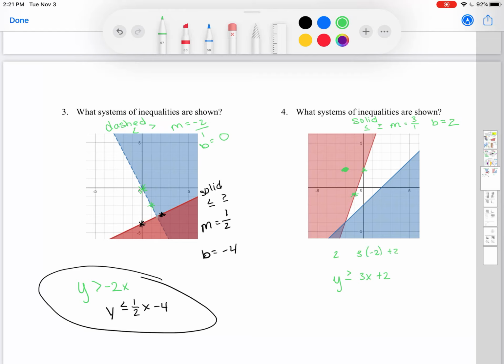And remember, if you struggle with this, check one of the values. If I want to test that coordinate that's in the shaded area, I want it to come out true. So if I tested y is 2 and x is -2, when I go to simplify, this is going to become 2 is something to -6 plus 2, which is -4.